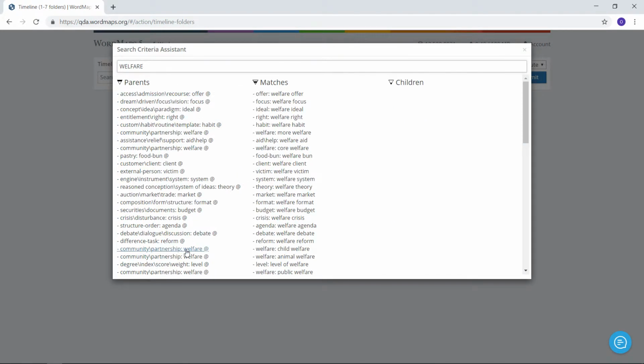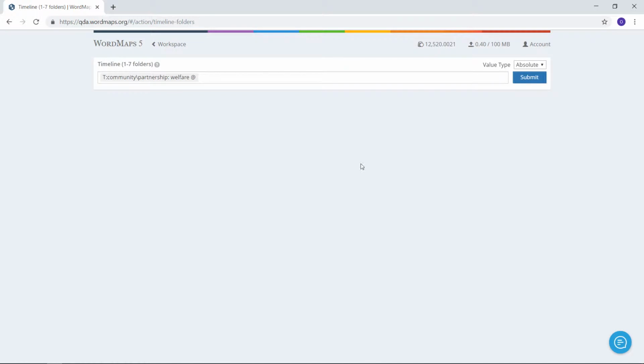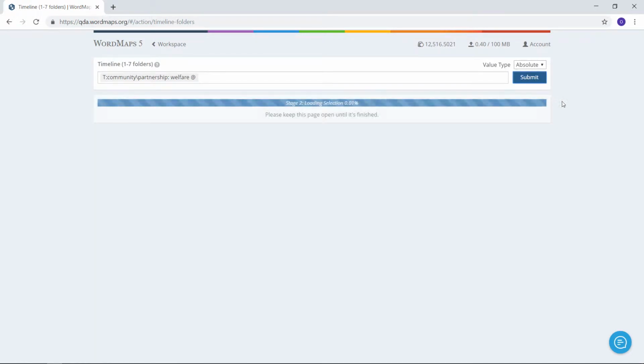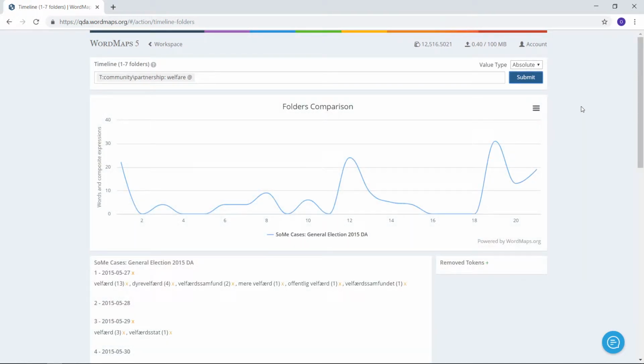And we have the welfare topic here, and we'll submit that. And what we have here is the days, 27th of May here, which is the first data set, and the last one, that was the day in June, approximately 21 days later.